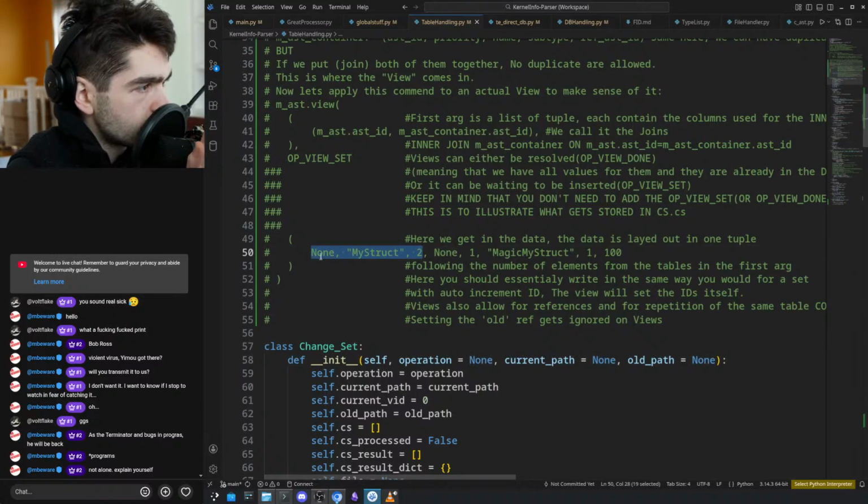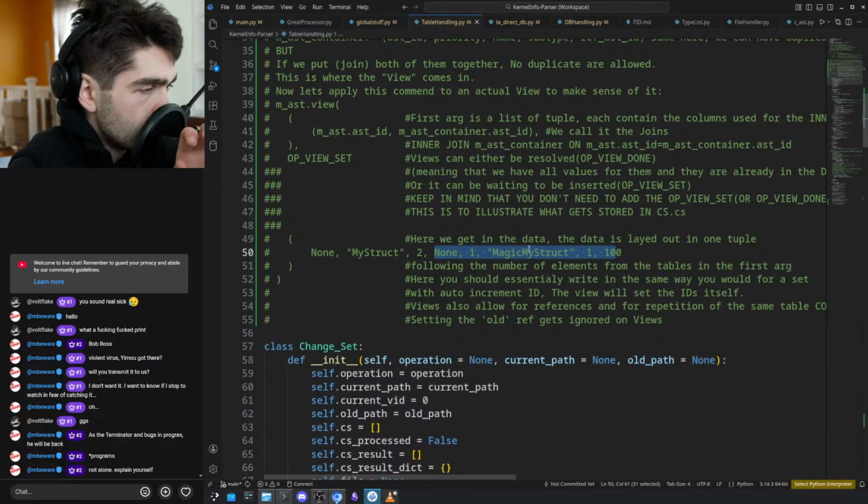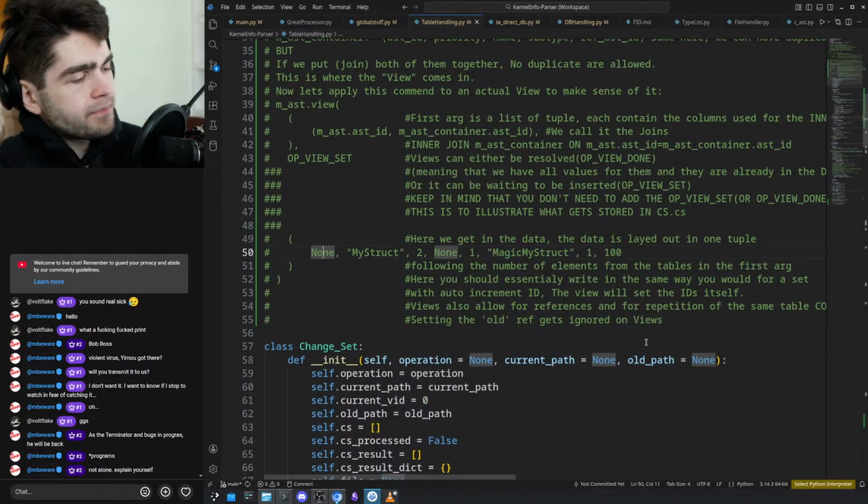So... alright. So this is like MAST, right? Because it's the starting thing. So we have the values for MAST. And after that, we have MAST container. That is here. So our system needs to be able to parse this correctly.